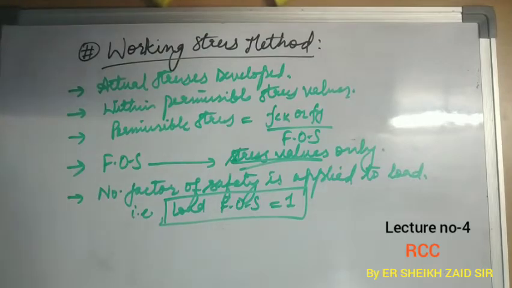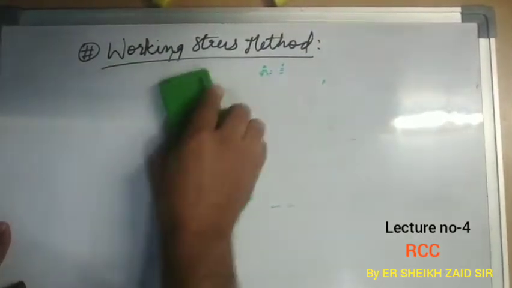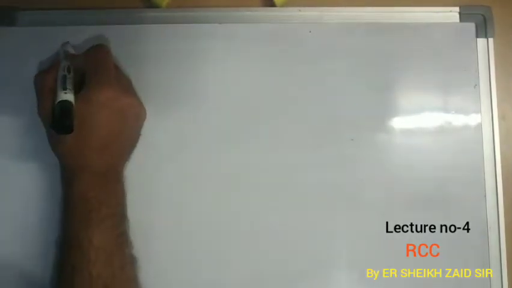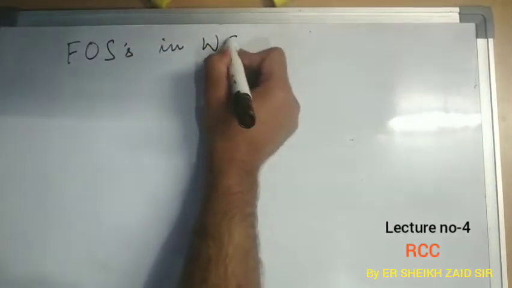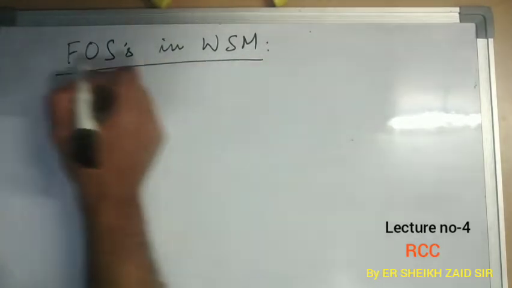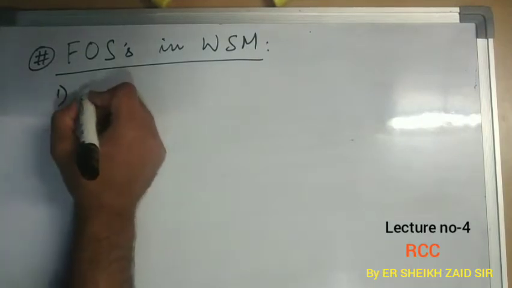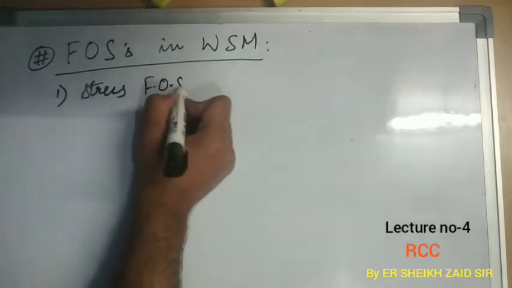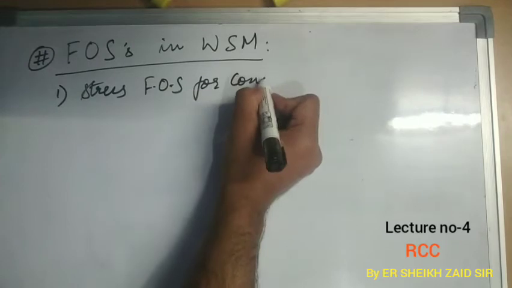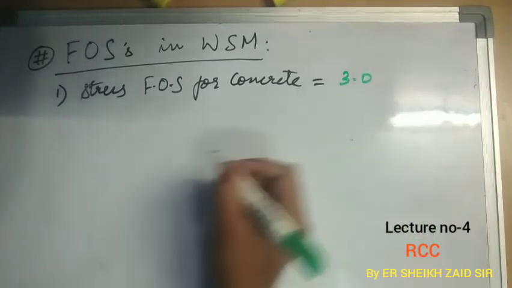Now we will move to factors of safety in working stress method. You need to remember some of these values. First one is stress factor of safety for concrete. It is taken as 3. Remember.